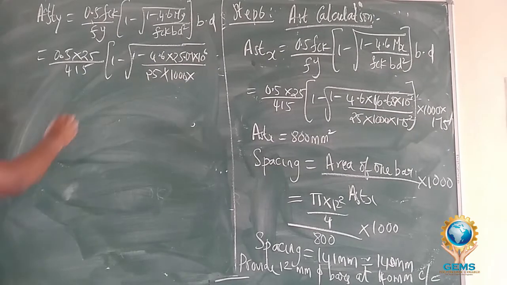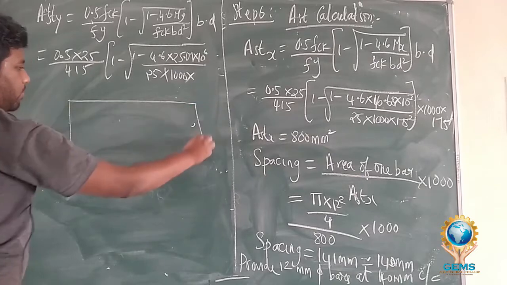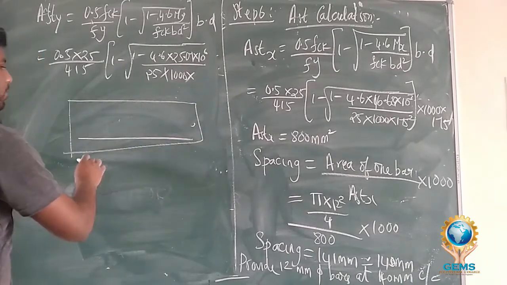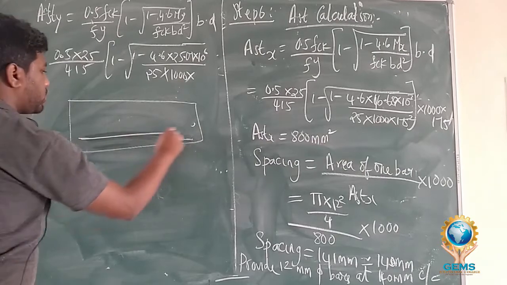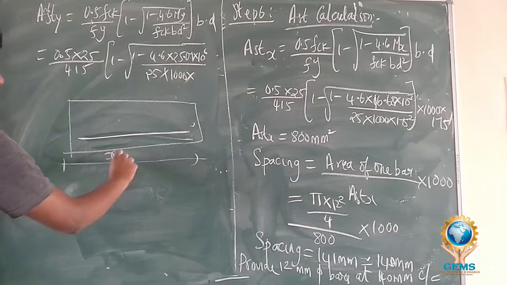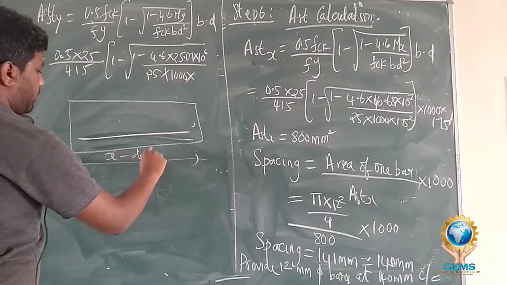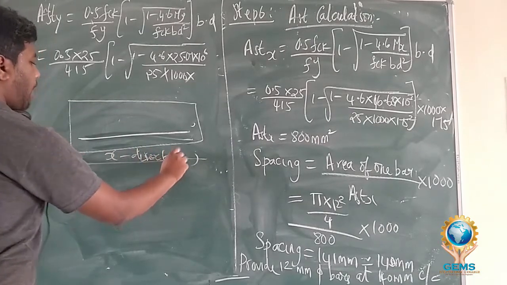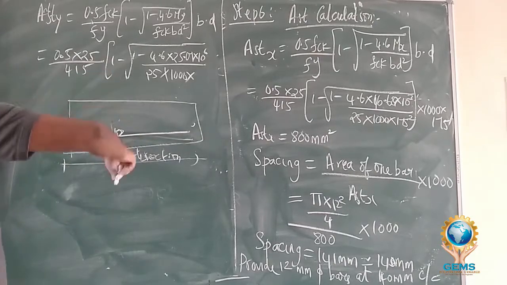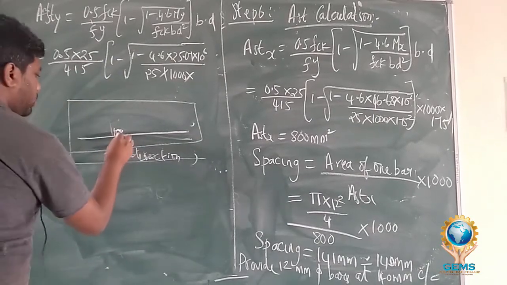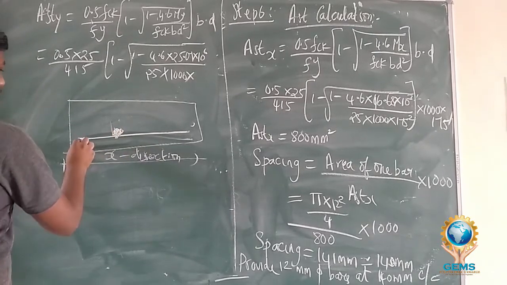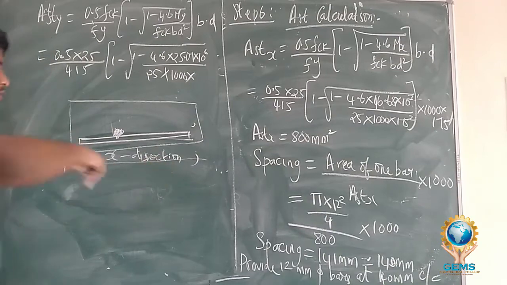See, I will draw a cross section of slab. So this rod is in x direction. This rod runs in x direction. And above that, one rod will run in y direction. This rod runs in y direction. This rod runs in x direction.